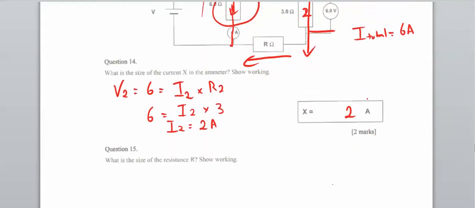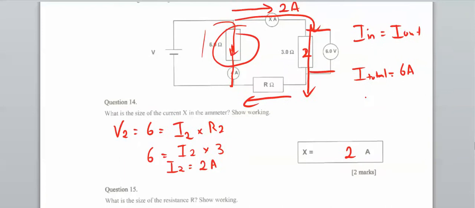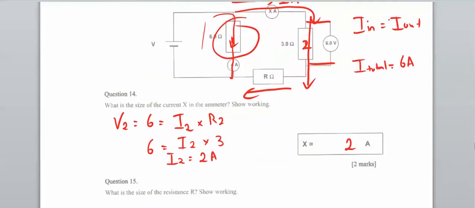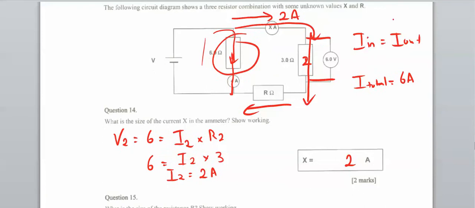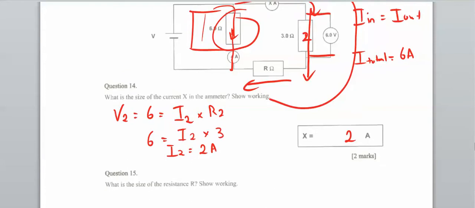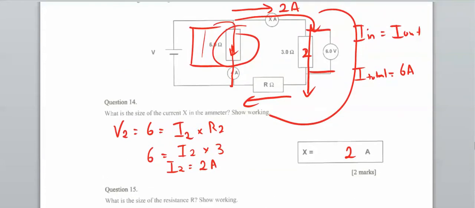What is the size of the resistance R? Looking at this question, guys, we can work out the voltage across here. If we work out the voltage across here, it gives us the total voltage across this side of the circuit, because this is a parallel arrangement, but we have 2 resistors in series.